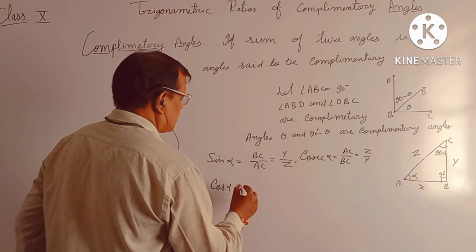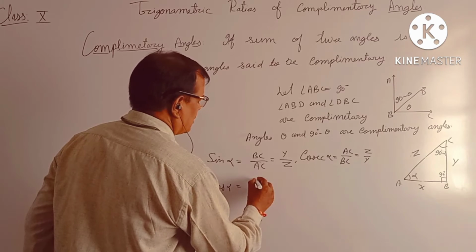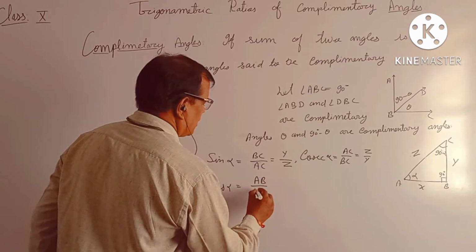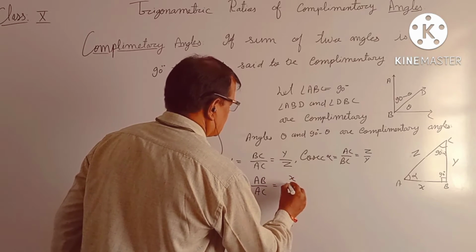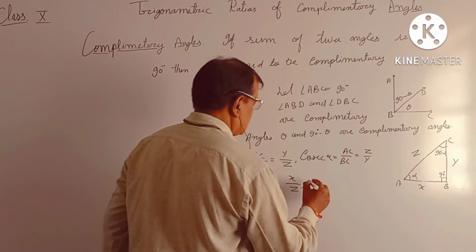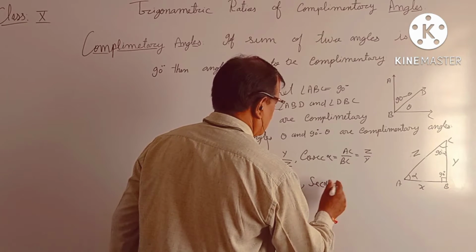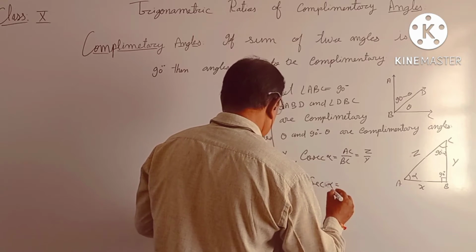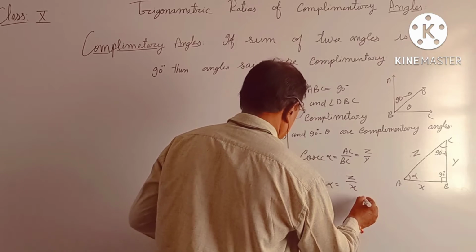Cos alpha equals base upon hypotenuse. Base is AB here and hypotenuse is AC, so it is x upon z. The opposite of cos is sec alpha, which will be z upon x.